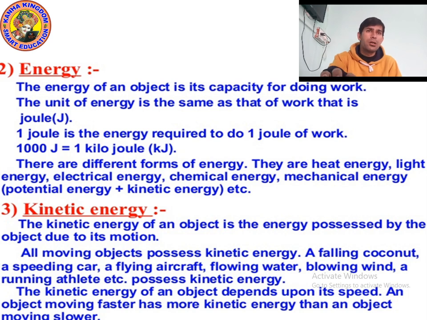There, 1 joule is the amount of work done when a force of 1 Newton displaces the object by 1 meter. But in case of energy, 1 joule is the energy required to do 1 joule of work.